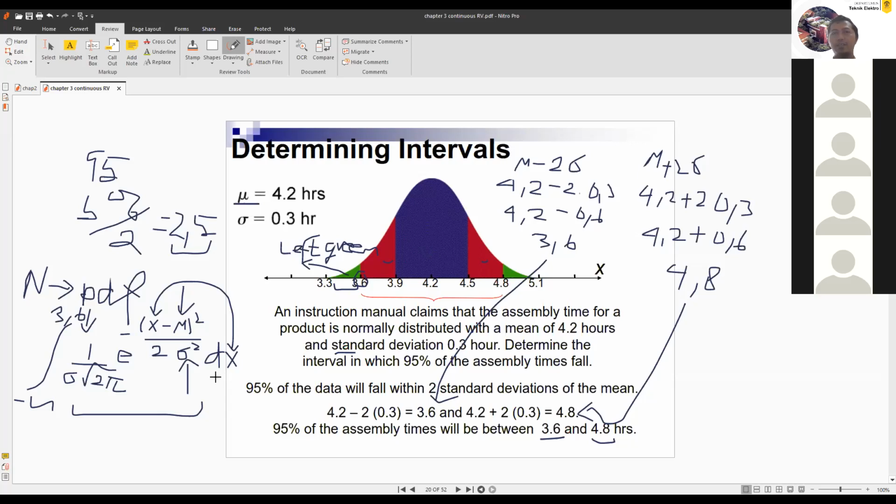No, sir. So I'm asking here, and I'm writing in the chat box: what is the probability that the maximum assembly time is 3.5 hours?